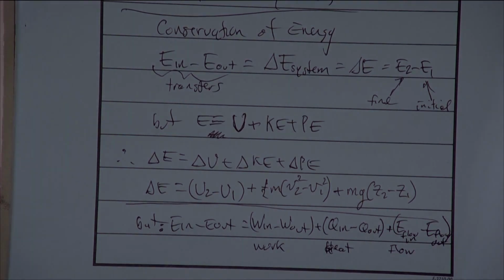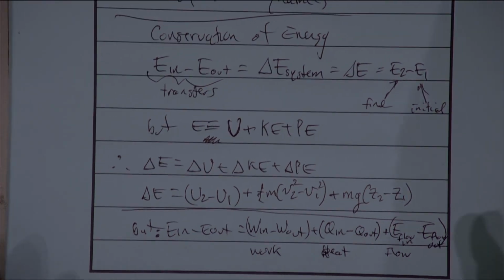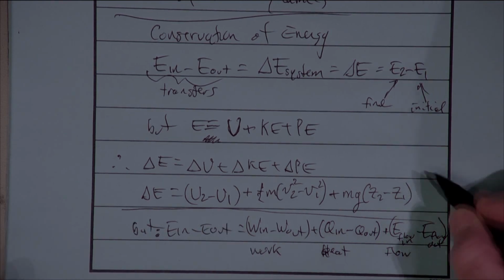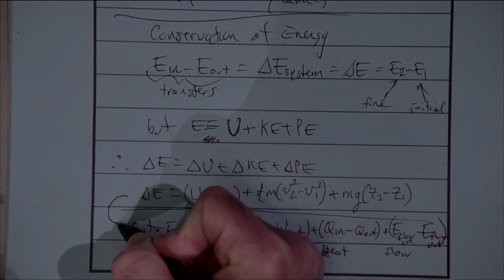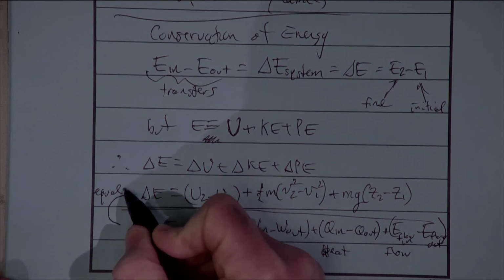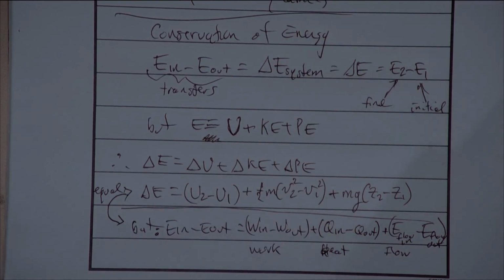So this is just a big general equation, but you can see that the last two big equations that are written here basically have to be equal to each other, right? The delta E is the difference between E in and E out. So these two are equal. Just two different ways of writing the same thing, right?